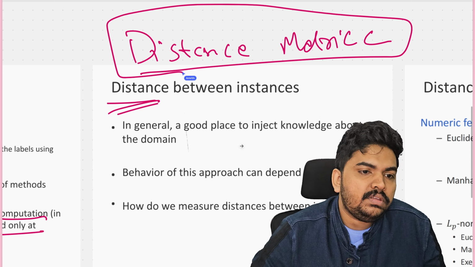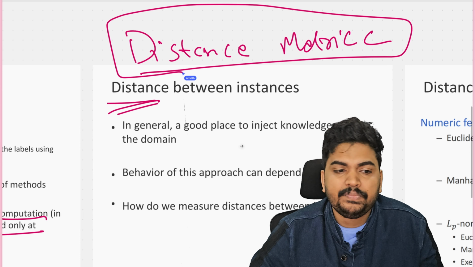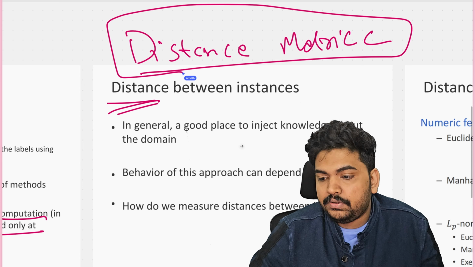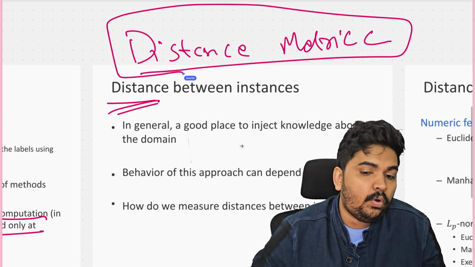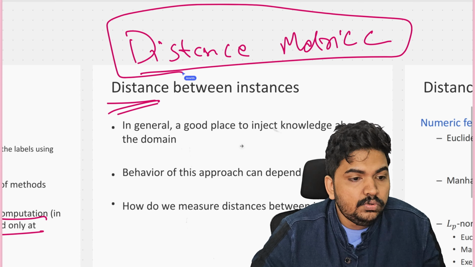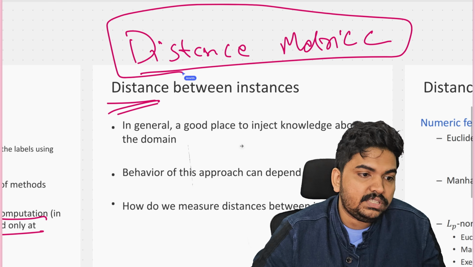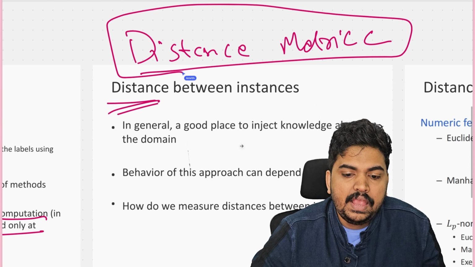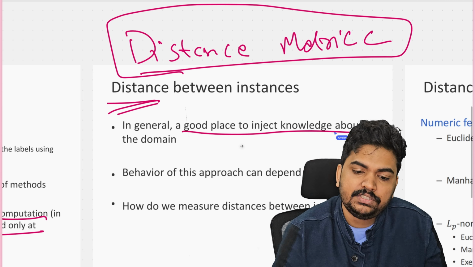So now we talk about the other part, which is the similarity measure or the distance metric. It forms a core component of this approach because that's all we have in terms of computation. Depending on the domain and the task at hand, we need to be careful in choosing the right distance metric. And in a way, it is a good place to inject knowledge about the domain.